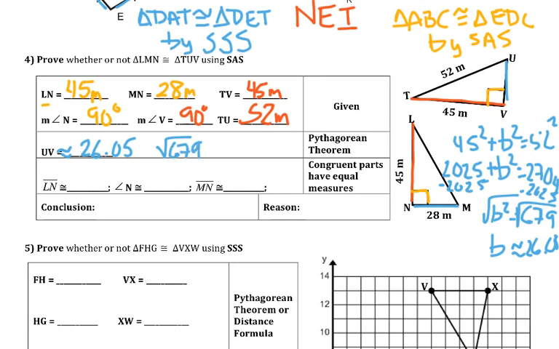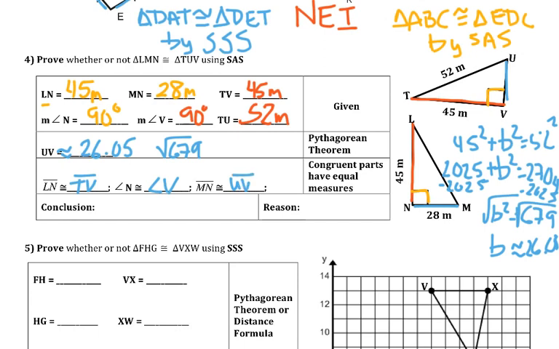Okay. Now, what we're going to do is compare these. So we got LN, which we have in red, is congruent to TV. So we'll put TV here, also in red, in our triangles. Then we have angle N is congruent to angle V, also in the triangles. Then we have MN is congruent to UV.